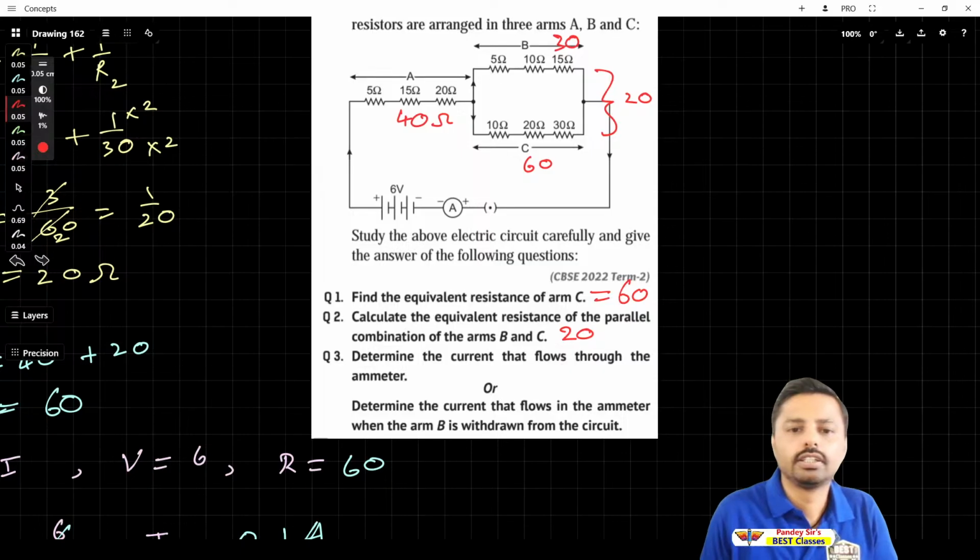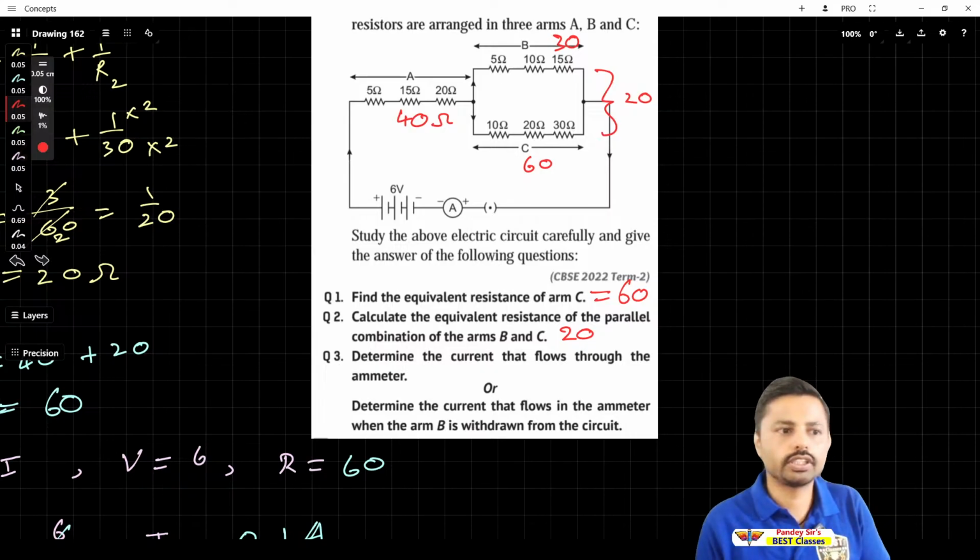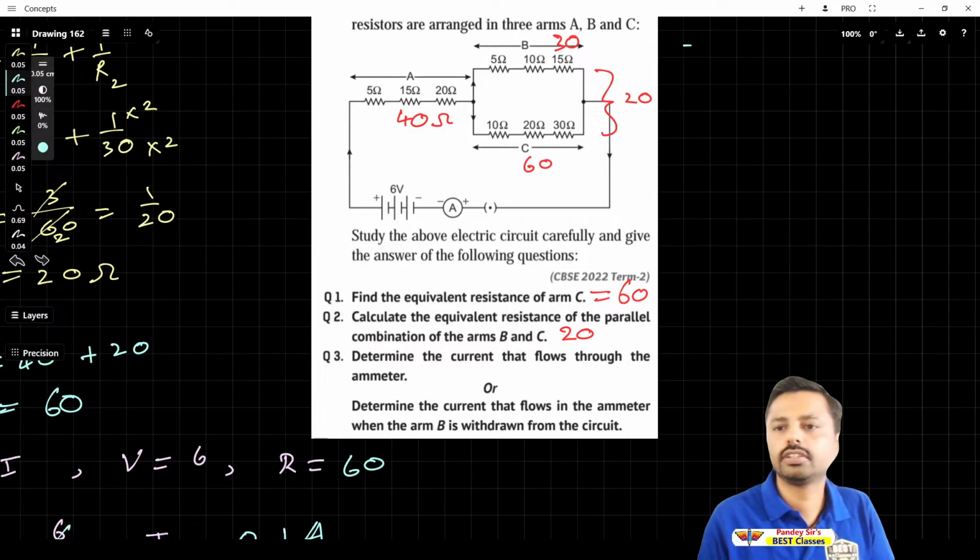We need to find this as a series. Total current, so first we need the total resistance. Very easy.